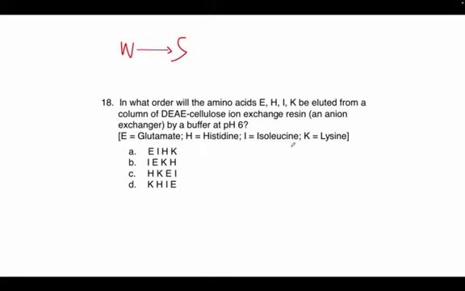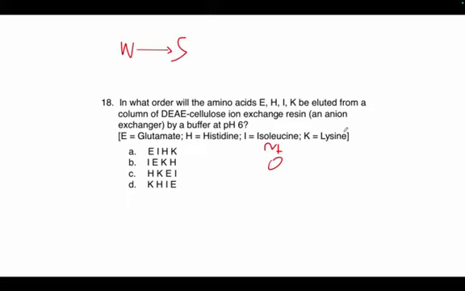So if we look at these amino acids, isoleucine does not have an ionizable R group. Okay. So its charge at pH 6 will be slightly positive. Okay, let's say neutral. For ease of discussion, we'll say isoleucine is going to be neutral at this pH.